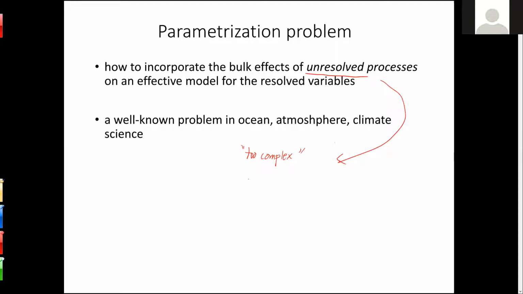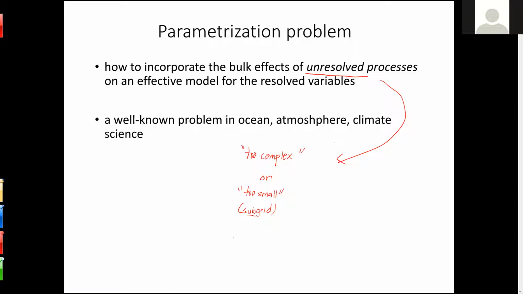Actually, this one is more suitable. So either they are too complex or they are too small. This is more suitable in this talk. If you can see, the title is subgrid scale processes. So sub meaning they are smaller than the model grid size.